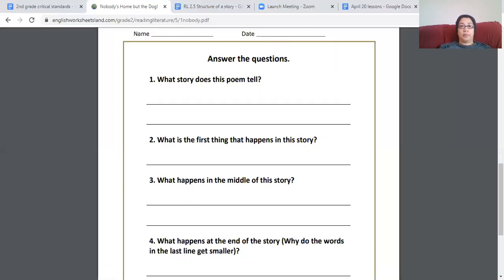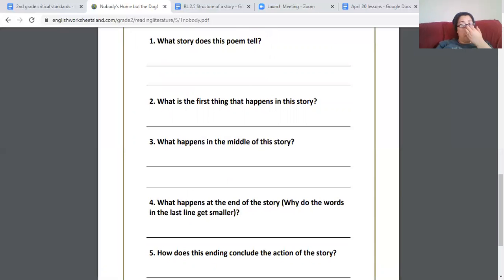Number 3, what took place in the middle of this story? What happened in the middle of the story? Number 4, what happens at the end of the story? Why do you think that the words in the last line got smaller? And number 5, how does this ending conclude the action of the story?